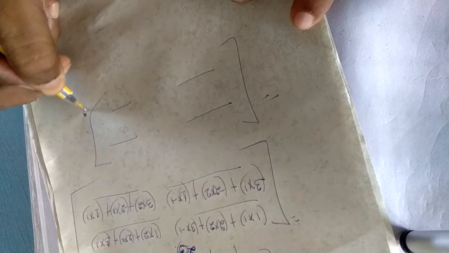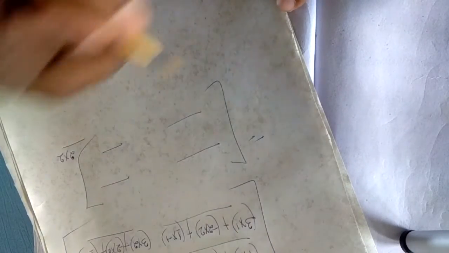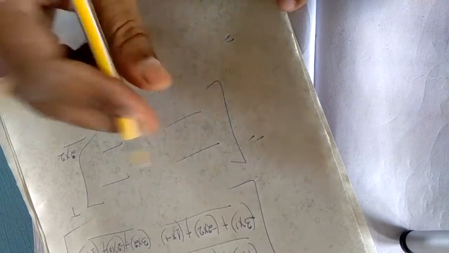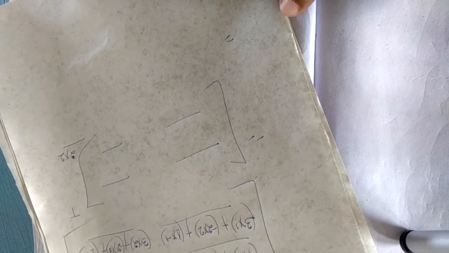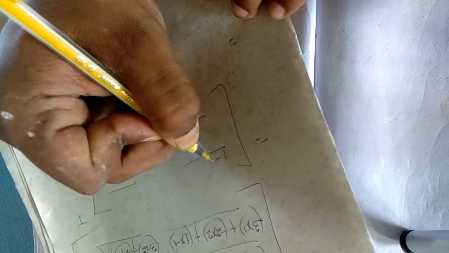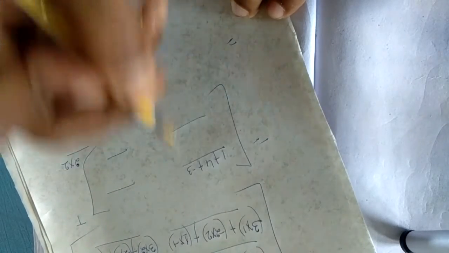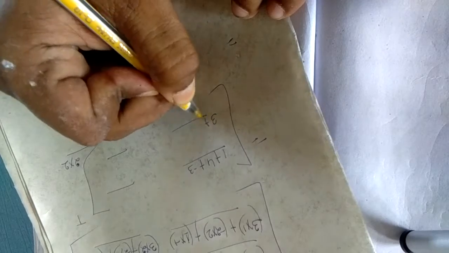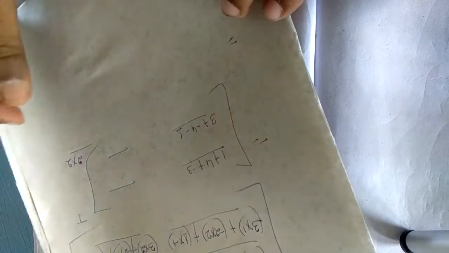The result is a matrix of 2 by 2. Then to find the transpose of this matrix, row transposes to column and column to row. That is 1 plus 4 plus minus 3, 3 plus minus 4 minus 1.